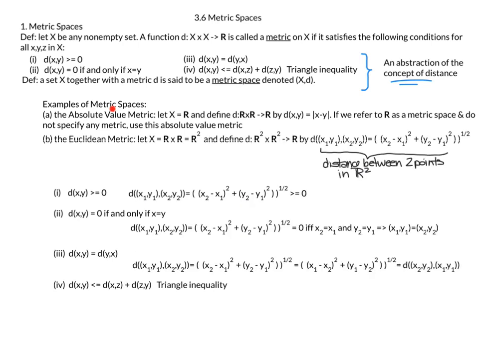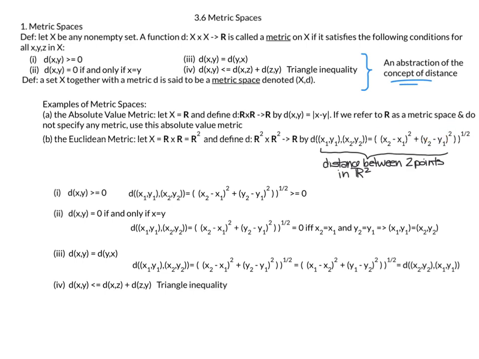Our next example is the Euclidean metric, which takes elements from the set R cross R, that is, elements in a two-dimensional space. So the metric D is defined as the distance between the first point, (x1, y1), and the second point, (x2, y2), is equal to the square root of (x2 minus x1) squared plus (y2 minus y1) squared.